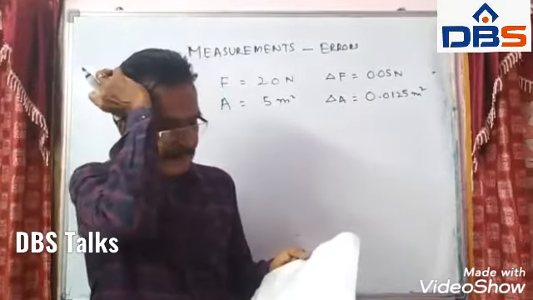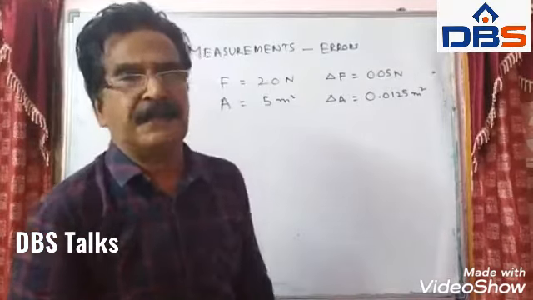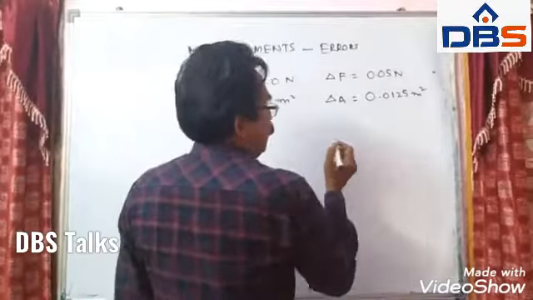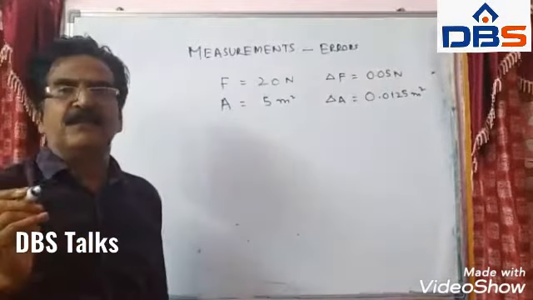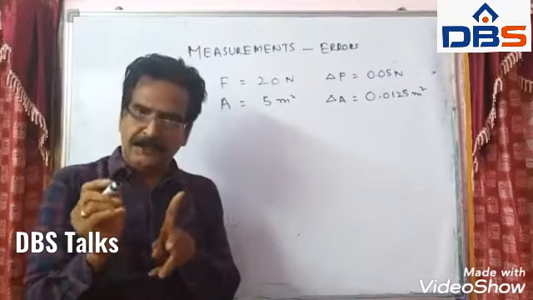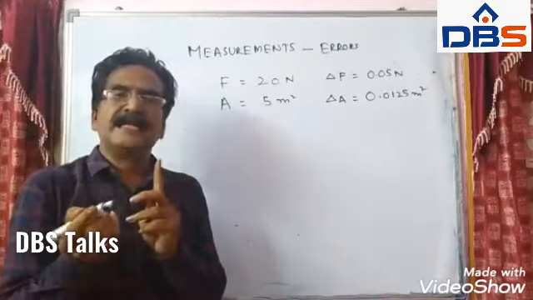What is the pressure with absolute error? So we have to find pressure with absolute error. First, let us find P, the pressure.